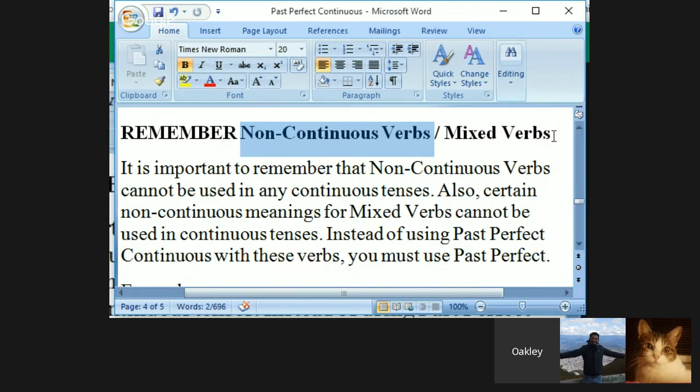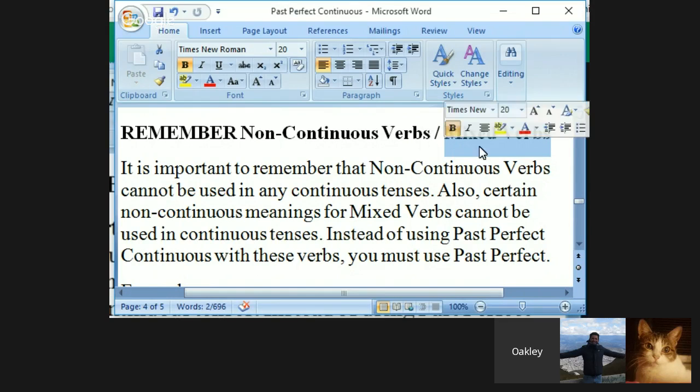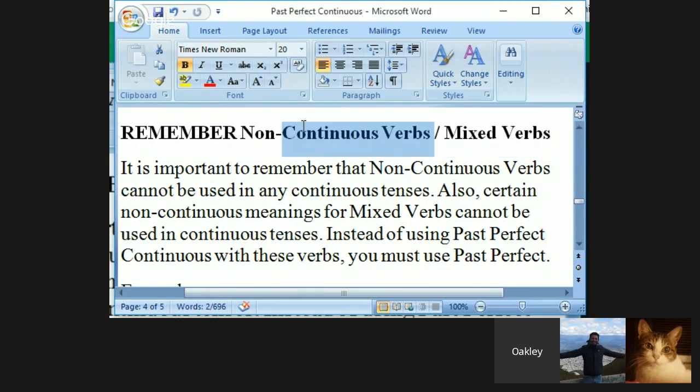There are also mixed verbs, which means it depends on the definition of the verb that you're actually using. So in some cases, under one definition, they can be used as a continuous, and in another definition, they simply cannot.